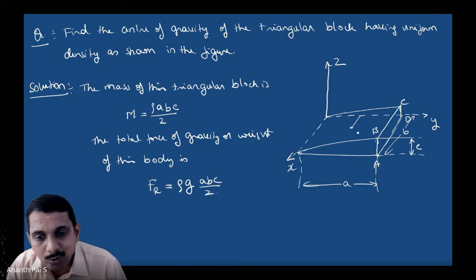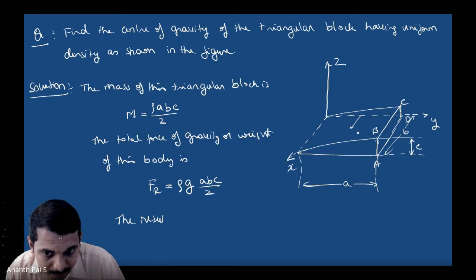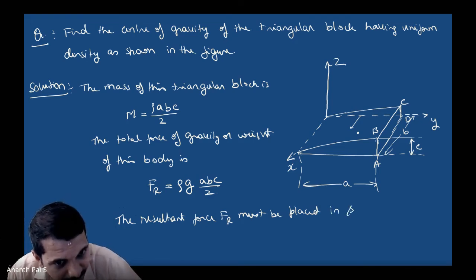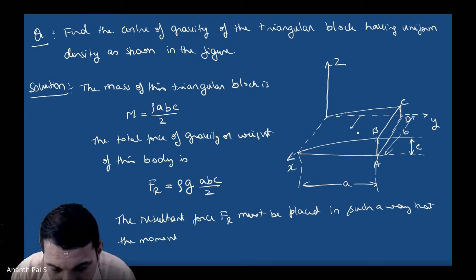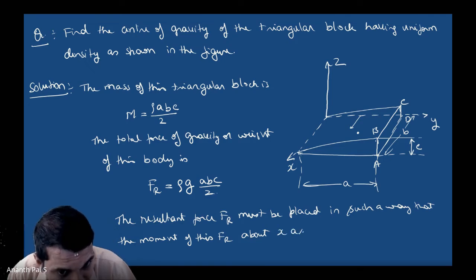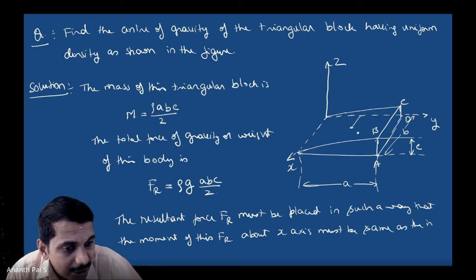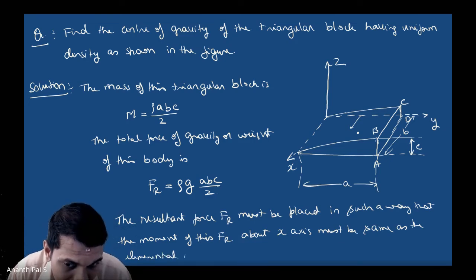So now if we have to consider the moment about X axis, the resultant force Fr must be placed in such a way that the moment of this Fr about X axis must be the same as the individual volumes, as the elemental masses.